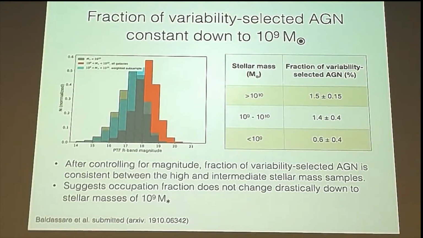I'm not confident in our results below galaxy stellar masses of about 10 to the 9, so our errors are a lot larger there, and we're not sure if our galaxy sample is complete, or if we're not particularly sensitive to detecting variability in those systems, and so we'll need to use more sensitive instruments to really push down below 10 to the 9 solar masses. But at least down to 10 to the 9, the fraction of variability selected AGN is constant.